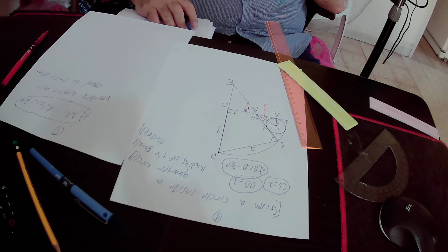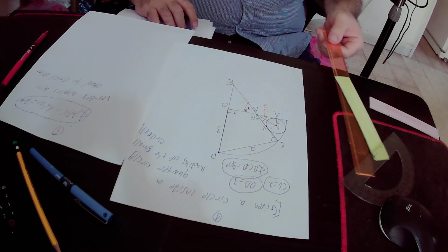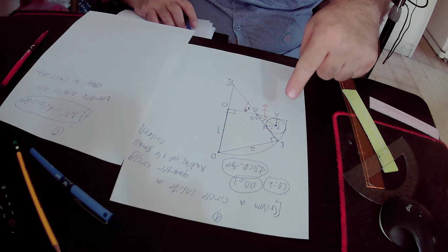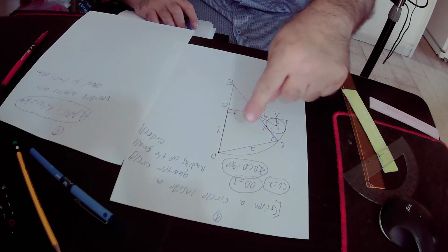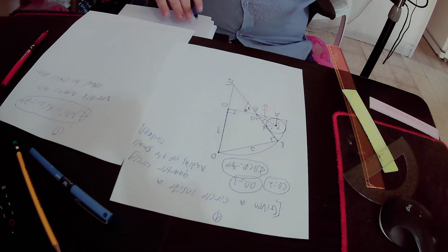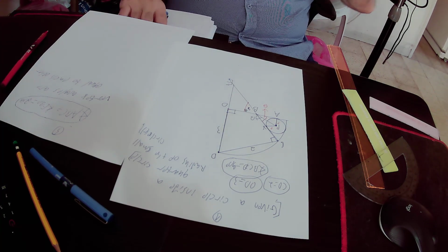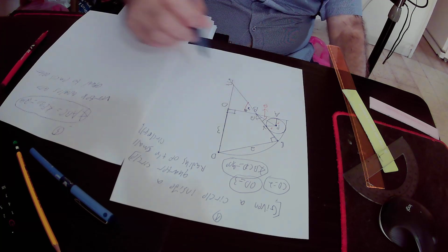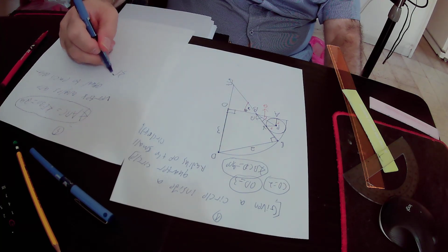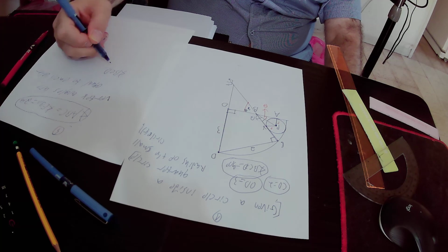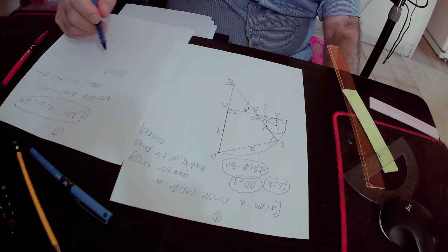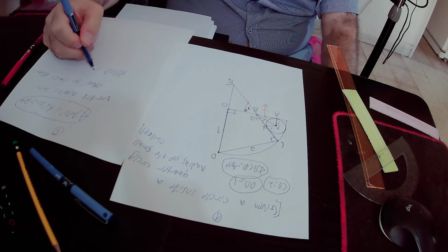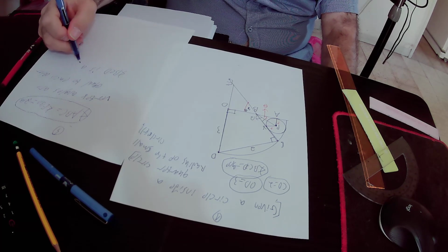And actually it is given in the question that angle BCD is a right angle, so it equals 90 degrees, and angle BCD is a peripheral angle.